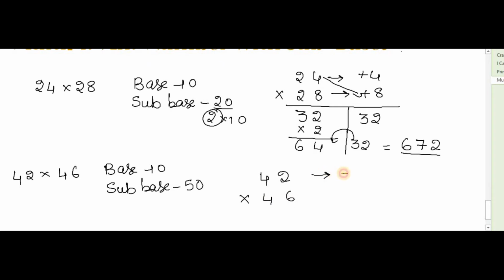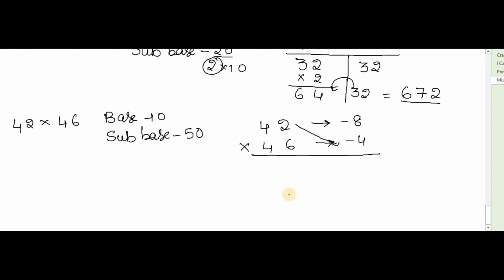So 42 is less than 50 by 8, and 46 is also less than 50 by 4. And 42 minus 4 is nothing but 38. And minus into minus is plus, 4 8s are 32.